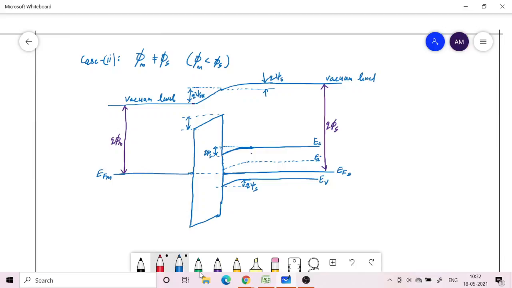You try what happens if phi m is greater than phi s, in order to satisfy whatever I said. That means the Fermi level has to be continuous, and then phi m on this side is going to be larger compared to phi s on this side. So there will be a drop across the oxide as well as at the interface region. So you try to draw that. We will stop here.